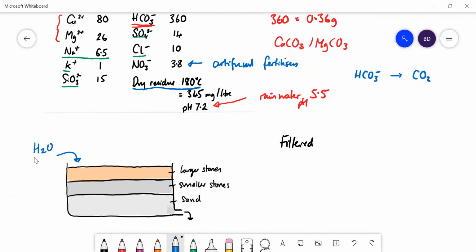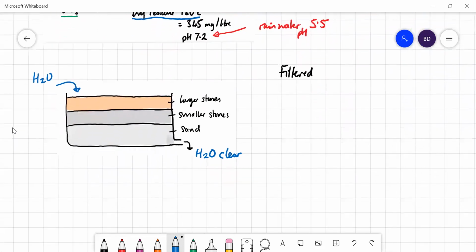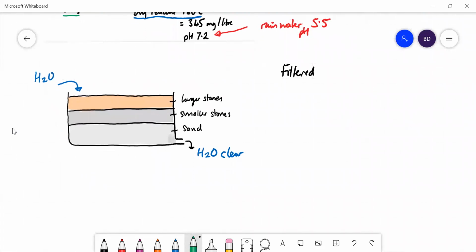The water coming out here would look clear, but you still can't drink it because it needs to be sterilized. It would contain microbes, which may be harmless but may cause disease.